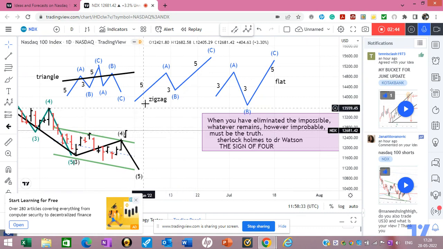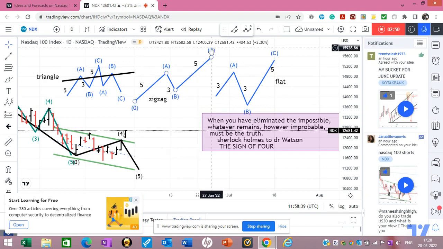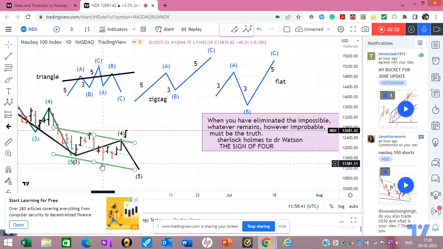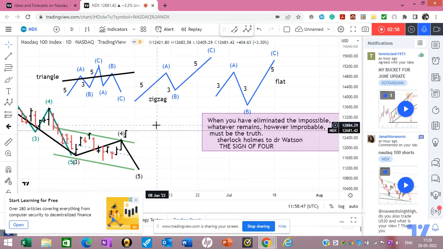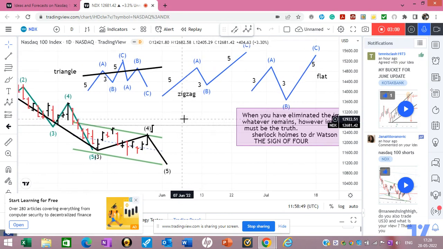Now let us come to the second kind of correction, that is the zigzag pattern. It should have five waves up, three waves down, and five waves move up. Now this looks like a zigzag to me. That is why in my earlier videos I have posted this correction as a zigzag. But there are two rules of zigzag.